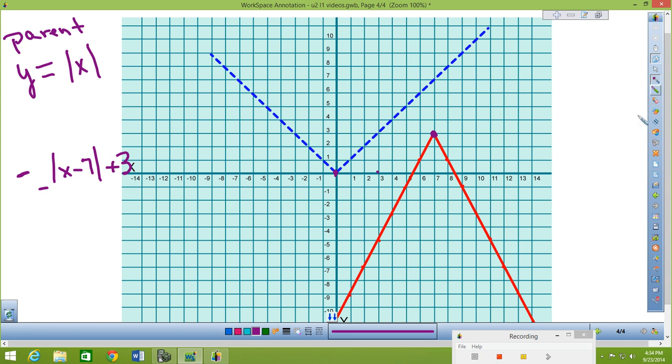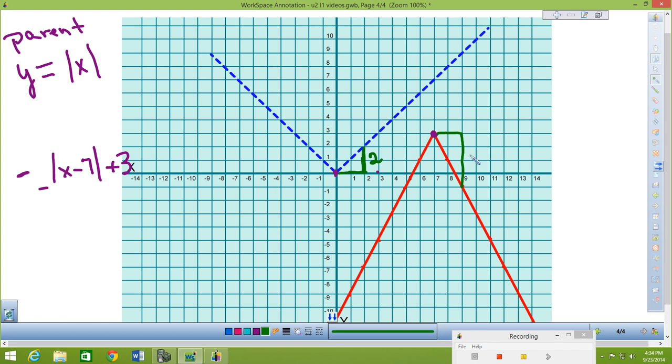I'm looking at my parent function, and I see that if I go over 2 units here, and it doesn't have to be 2 units, it could be anything, the height of my graph right here, when I go over 2 units, is 2. When I go over 2 units on my new graph, the height is 1, 2, 3, 4.